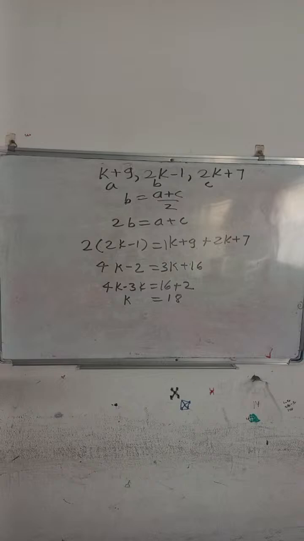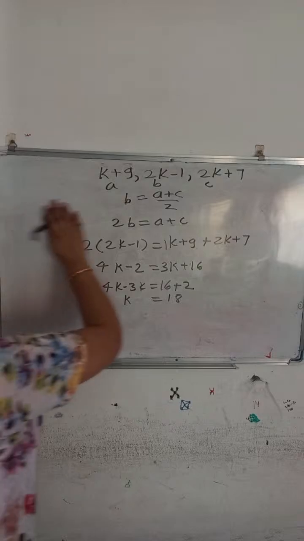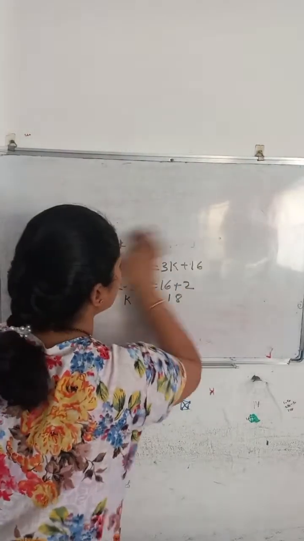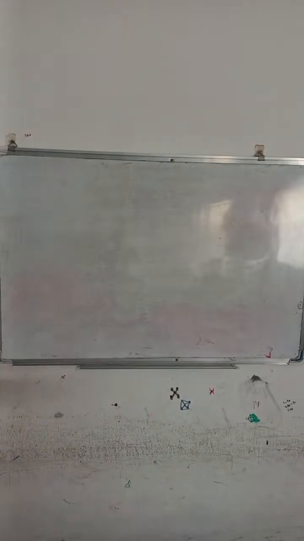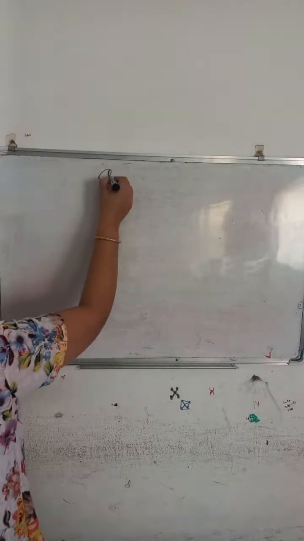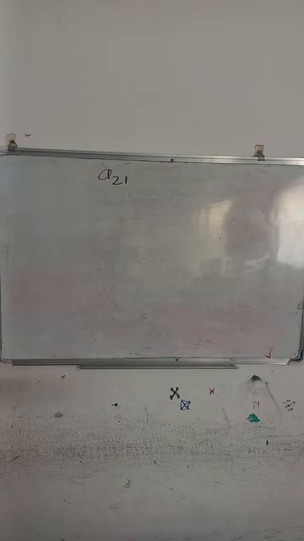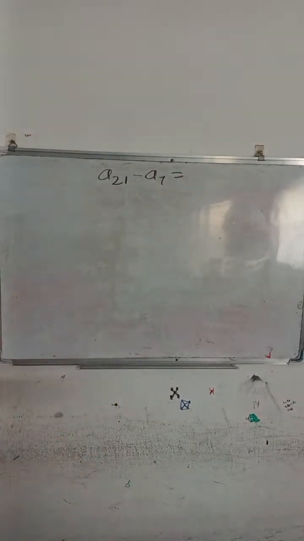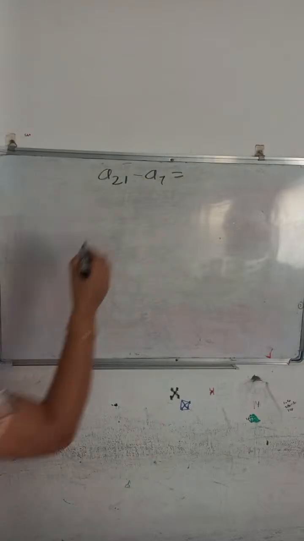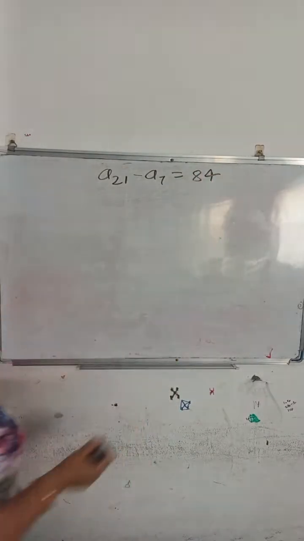Now, next one, write down: what is the common difference of an AP in which A21 minus A7 is equal to 84?